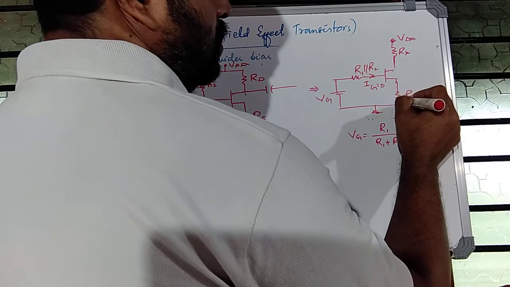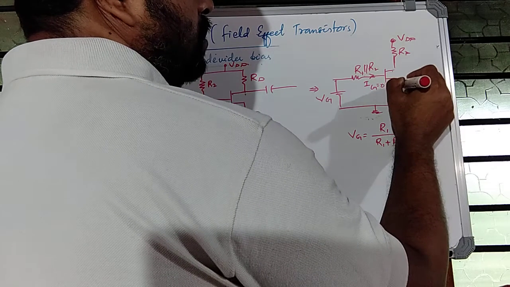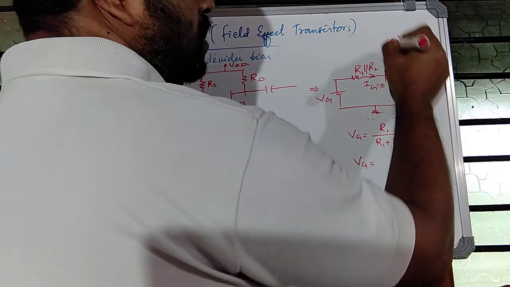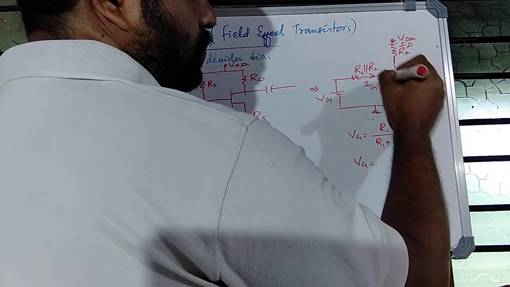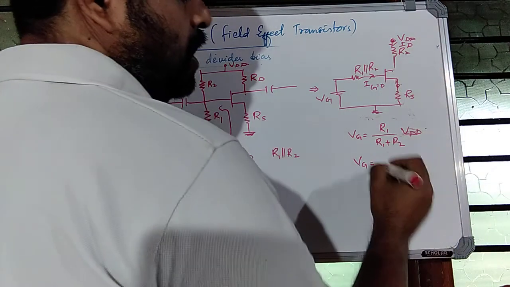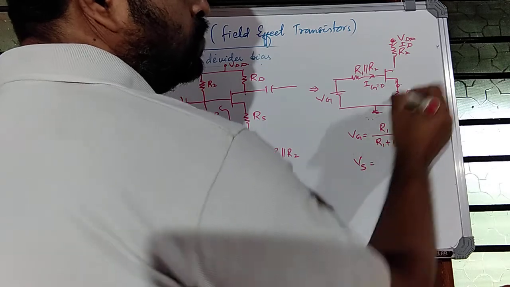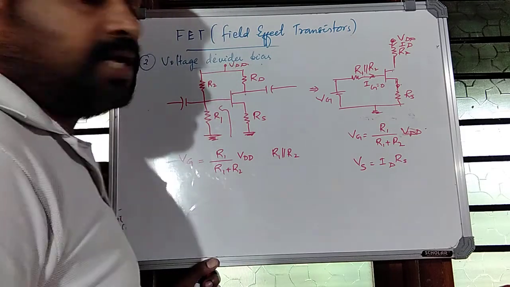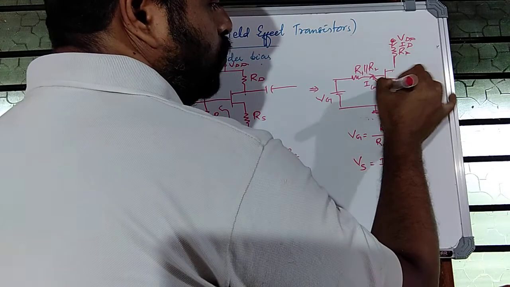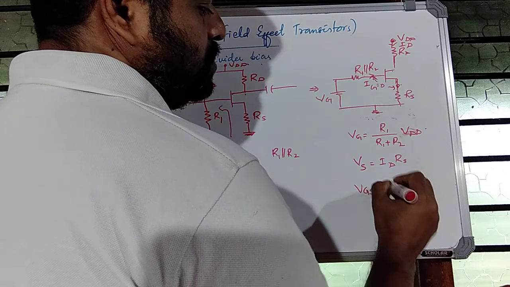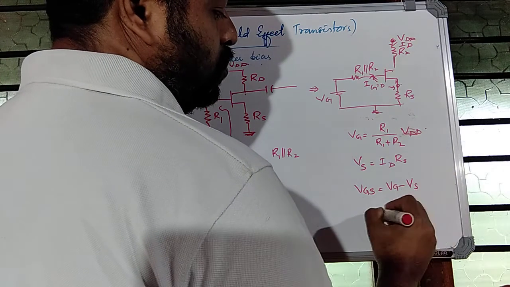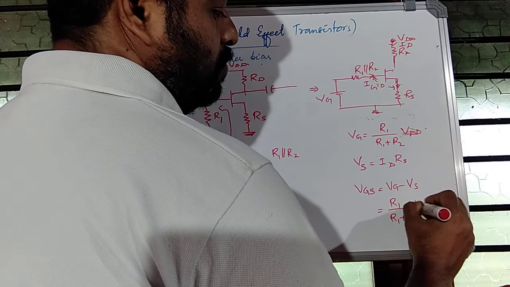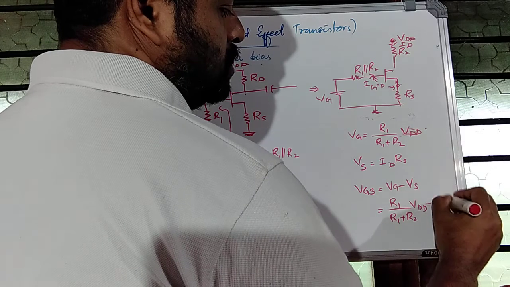Since there is a resistance RS, the voltage at the source terminal will be VS. Drain current ID will flow through the drain terminal and source terminal. So VS will be equal to the drop across RS, so ID into RS. Therefore, this voltage, VGS, is the difference between VG and VS, which is equal to R1 divided by R1 plus R2 into VDD minus ID into RS.